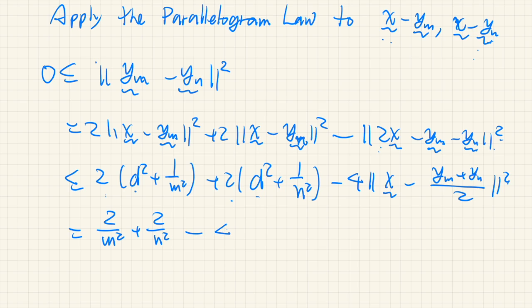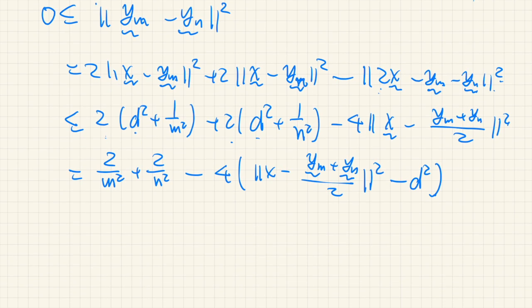So this is minus 4 times the norm of x minus ym plus yn over 2 squared, minus d squared. Okay, now since M is a subspace, the average of ym and yn is also an element of M.